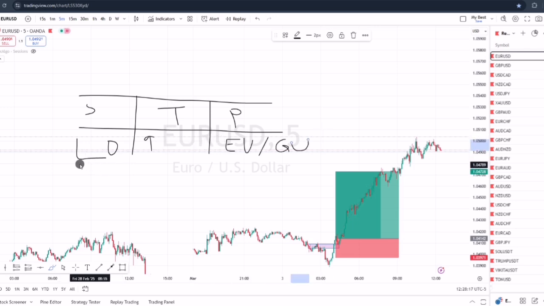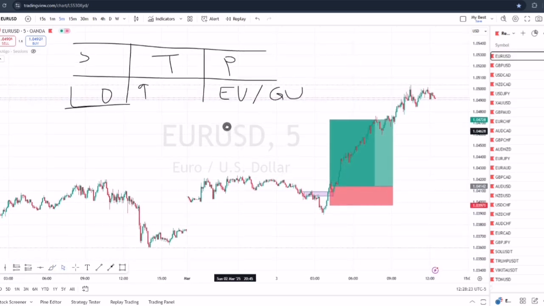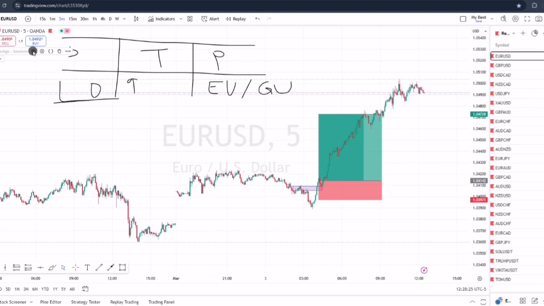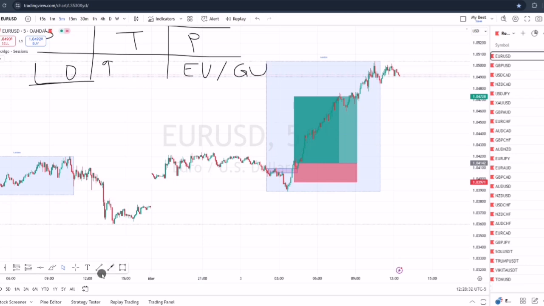What you do when the London session opens, you open the indicator. I'll show you how to set it up. When the London session opens, you just mark the first candle of the 5 minute time frame, like I did here. It's a very simple strategy.